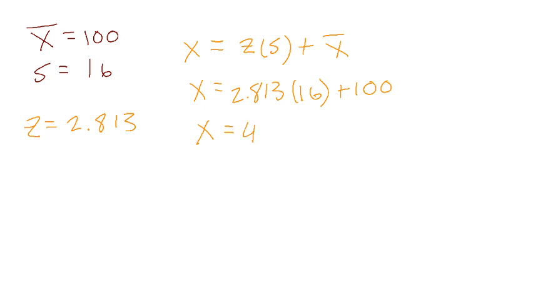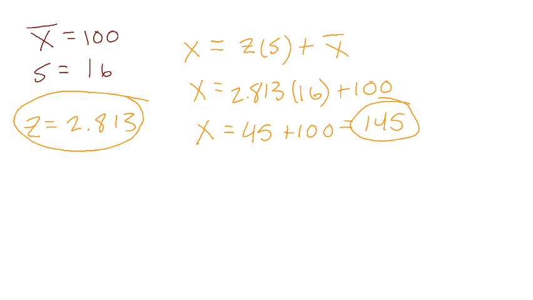I'll just call it 45. We add the mean to it, and we get a score of 145. So the raw score is 145. We can work both ways. This just illustrates that the algebra still works the same as we would expect. So there's our foundations of z-scores.